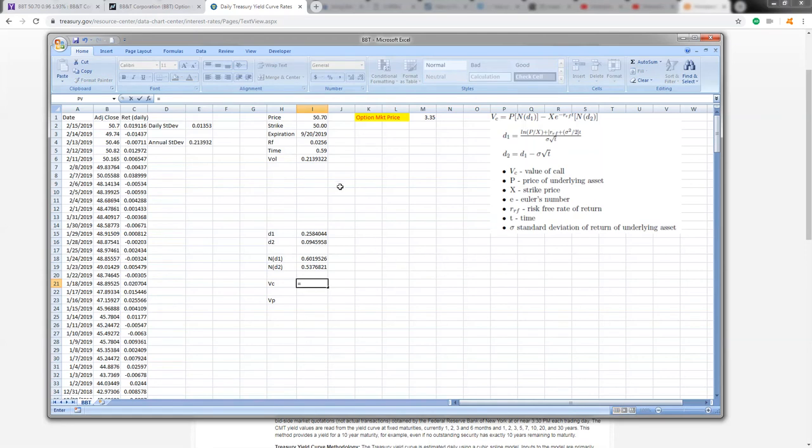Now we'll calculate the value of the call, which is equal to price times N of D1, minus the strike times the exponent of the negative risk-free times time, times N of D2.